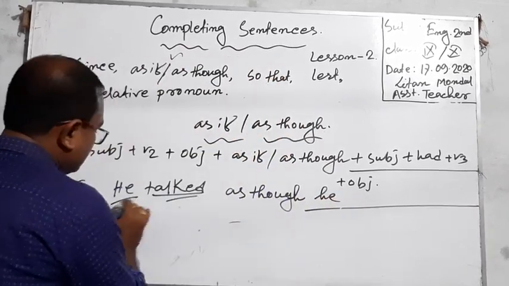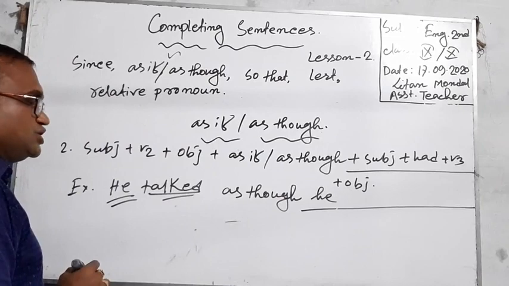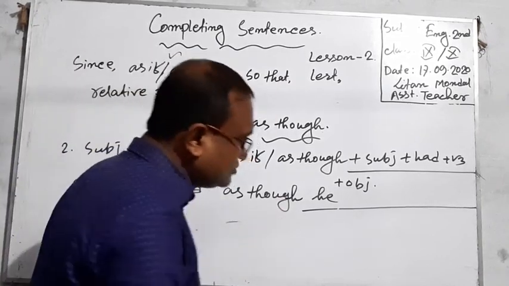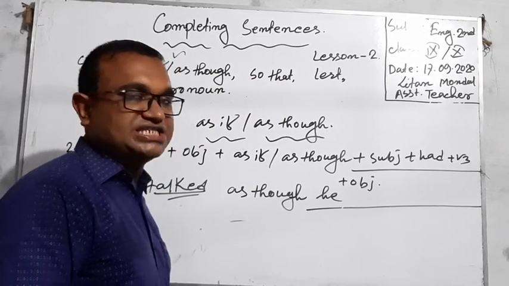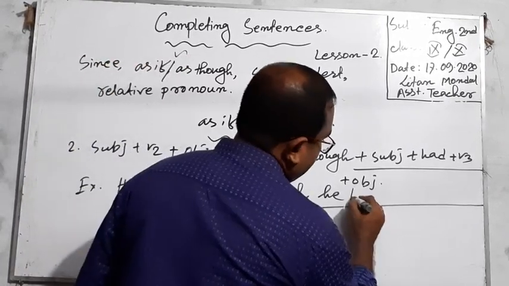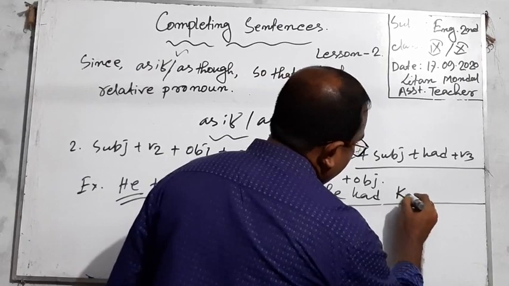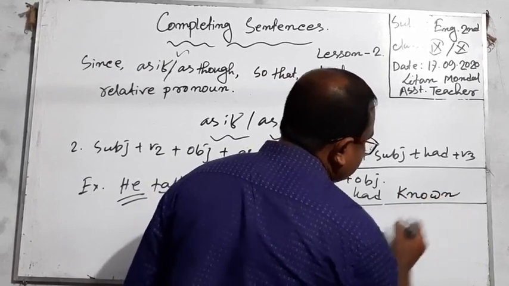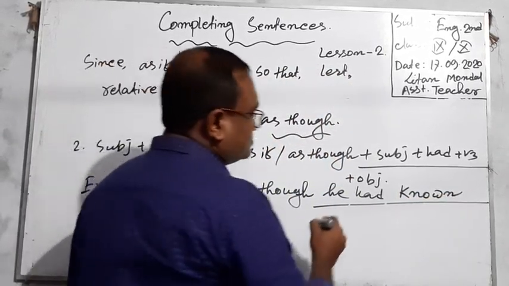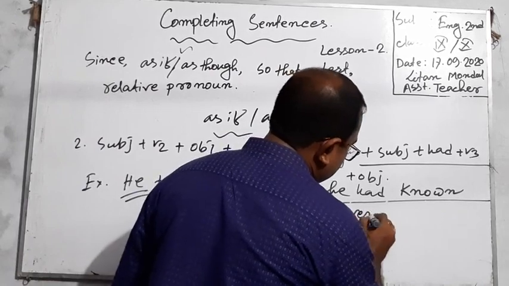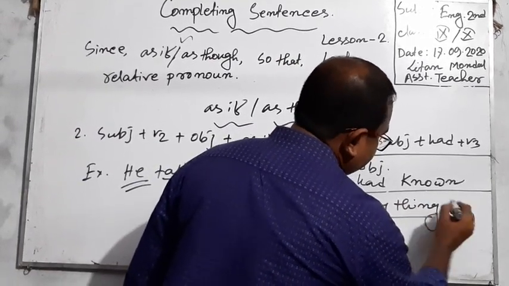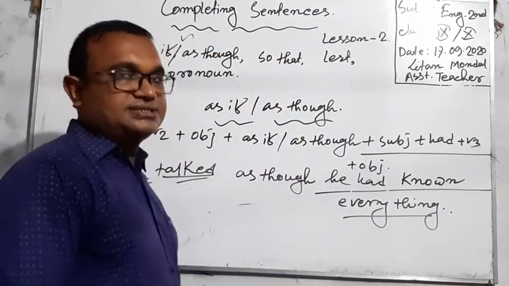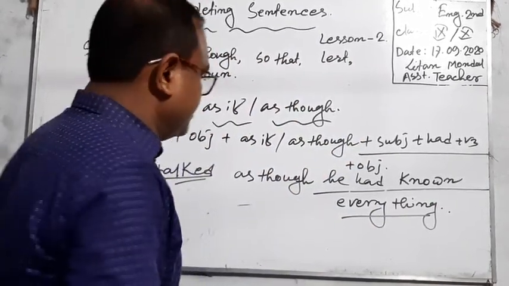Here the first clause is started with the help of the subject he, and so the next second clause will be started with the help of the subject he as usual. He had known. This is the V3 of the verb know. Had known everything. Yeah? Clear? Yes, I think this is clear to you.